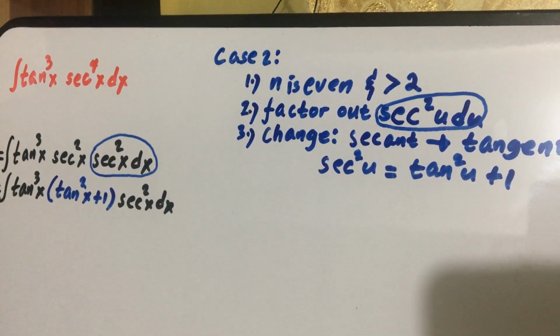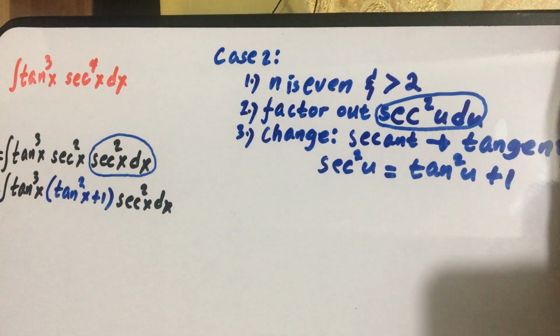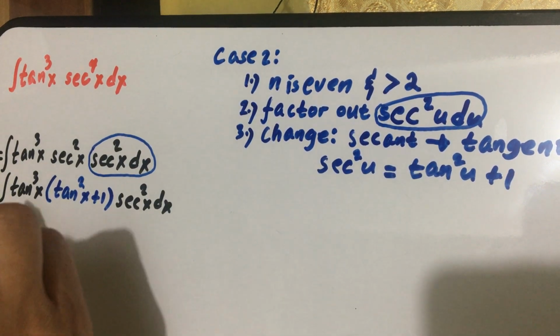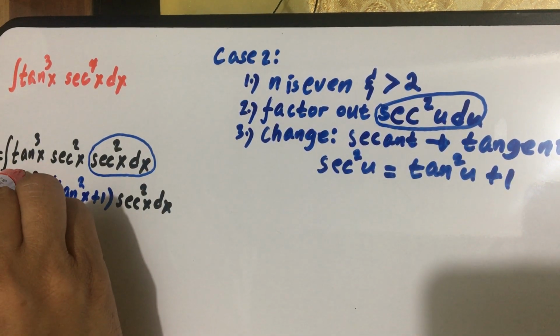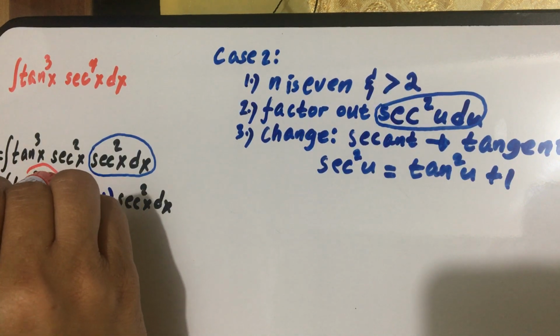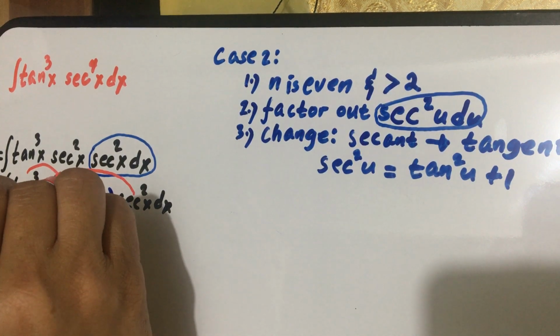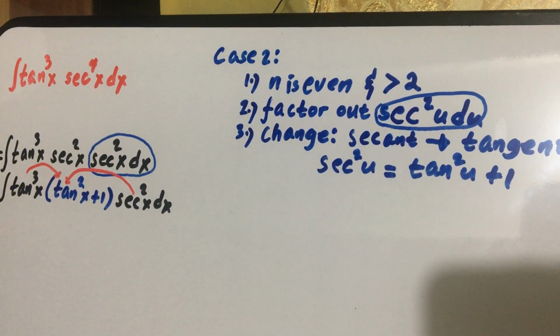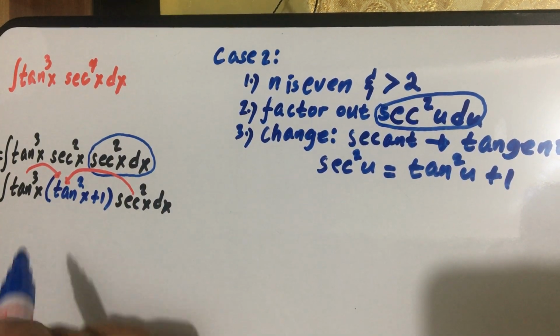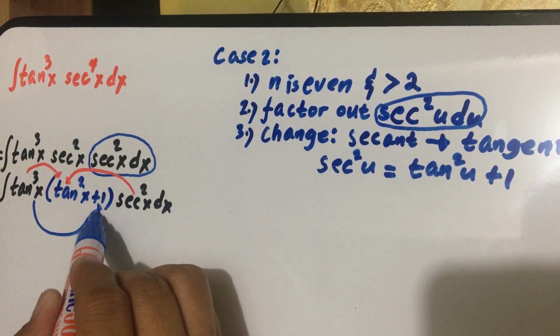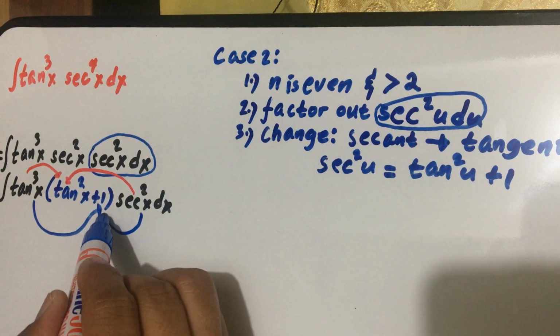Then we need to distribute and multiply. We multiply this tangent cube to the first term, and we also do that for the second term, this one together with this.